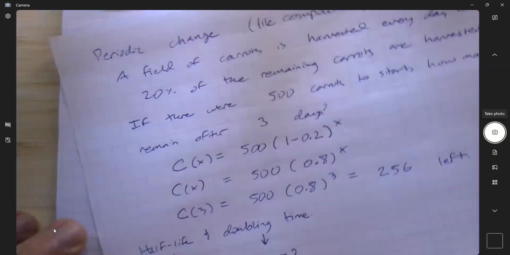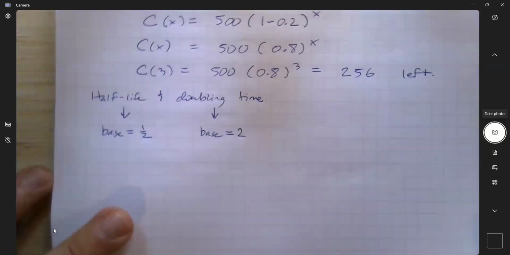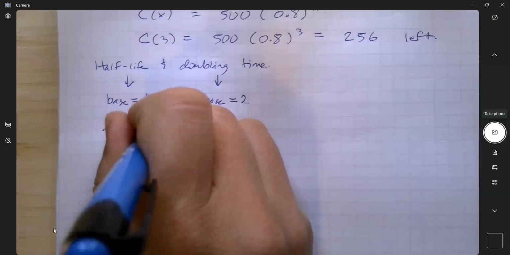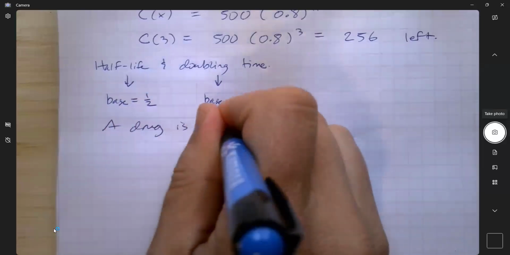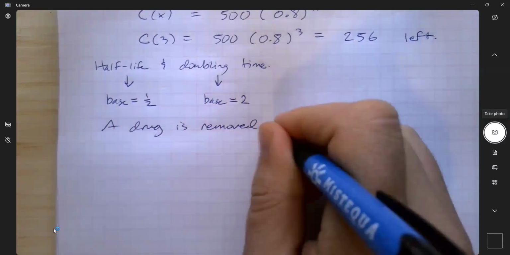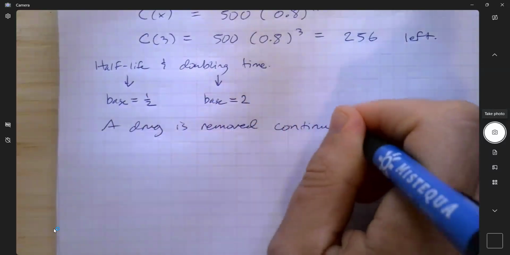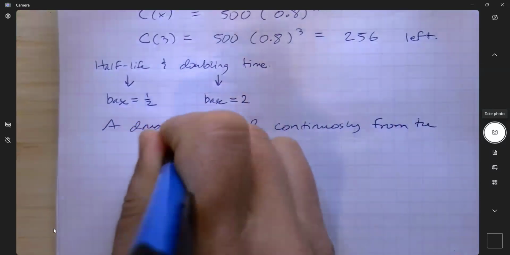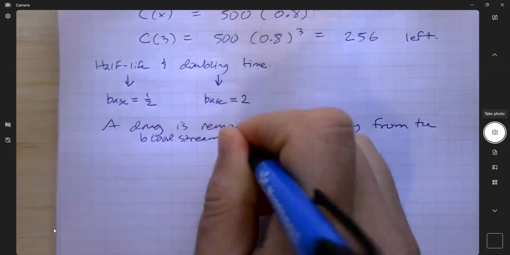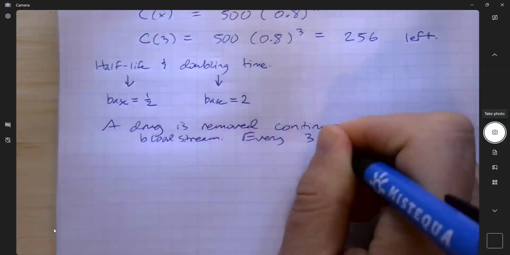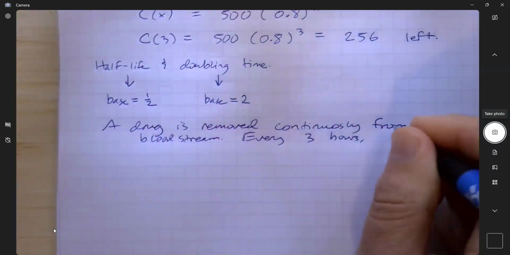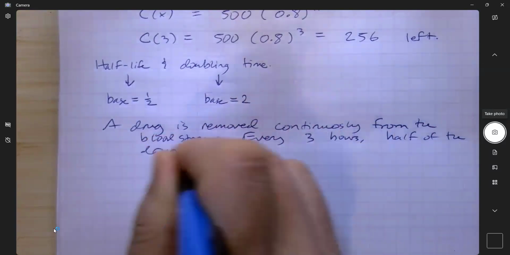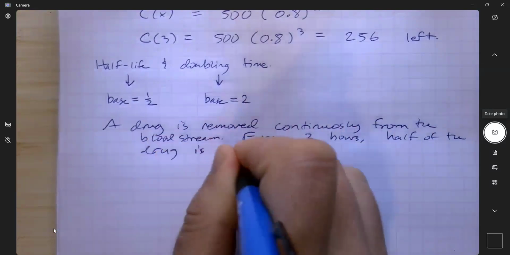So let's look at a half-life question first. A drug is removed continuously from the bloodstream. Every 3 hours, half of the drug is removed.